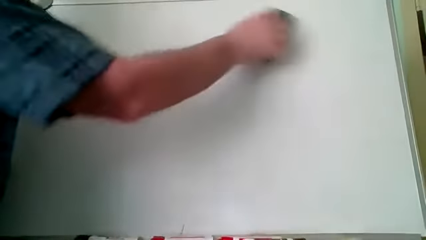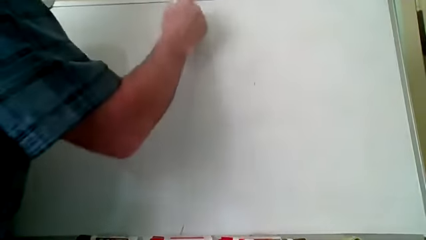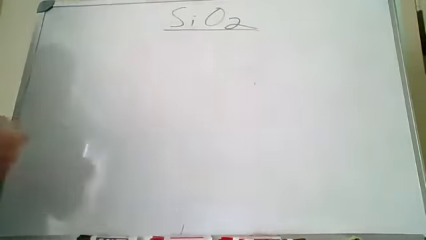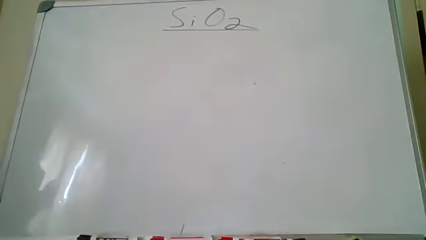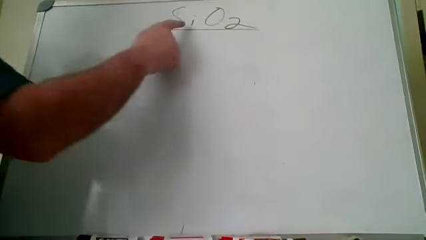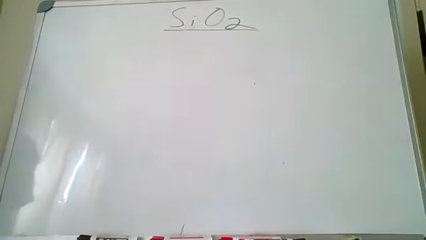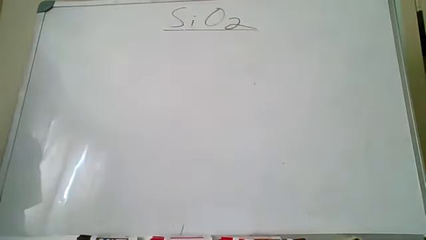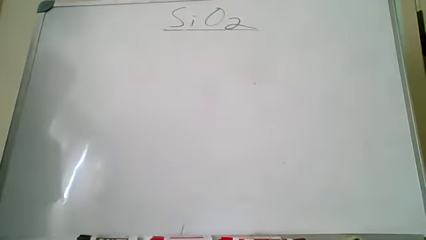Hopefully we're going to see some other ones. So this one, SiO2. Okay, now, let's see, silicon is in group 4. So it's going to have to make 4 bonds.